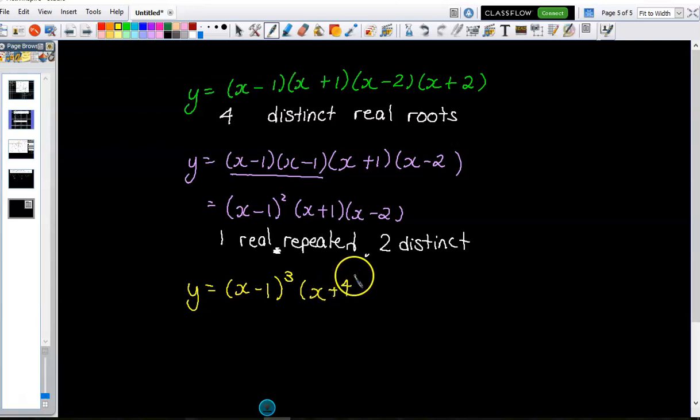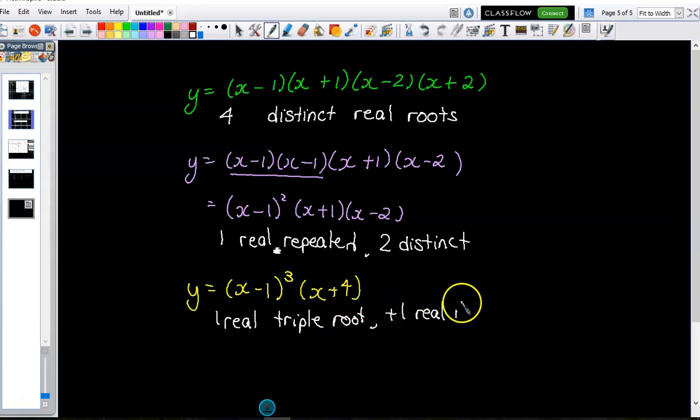Plus 4. Okay, what would that be? Do you know what we call this? I could say that is a real triple root plus 1 real.